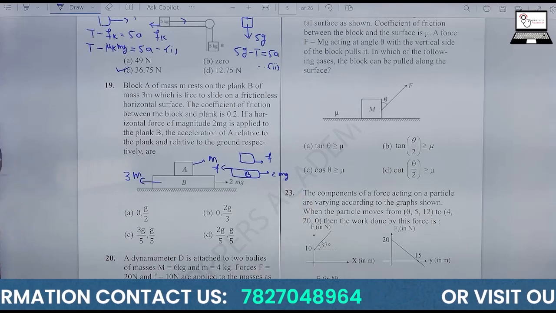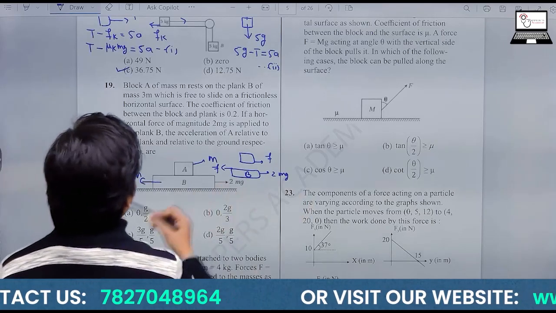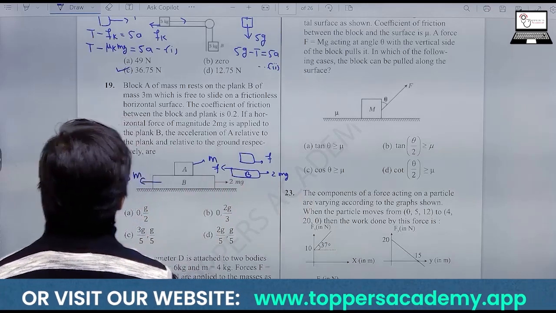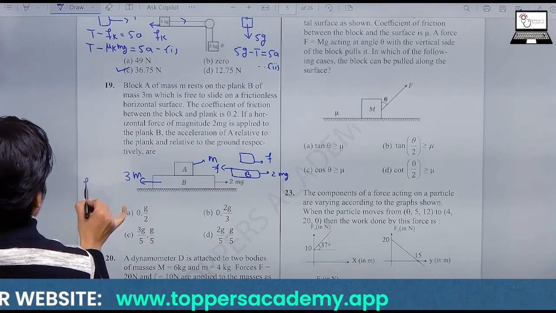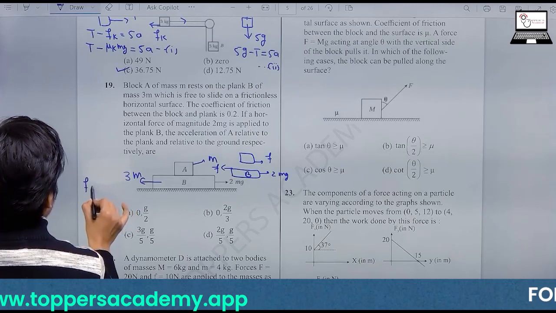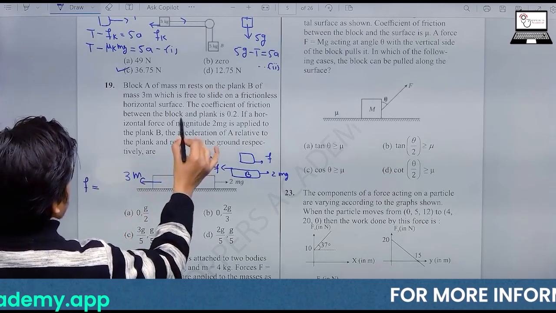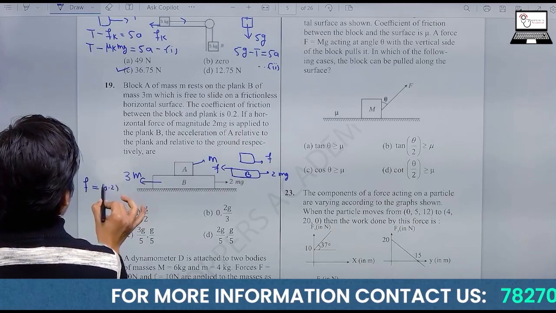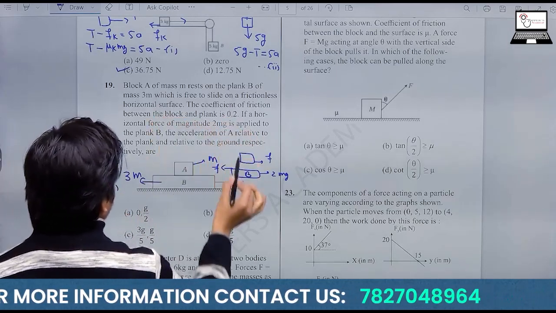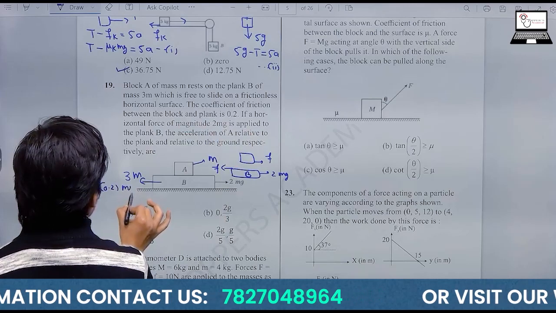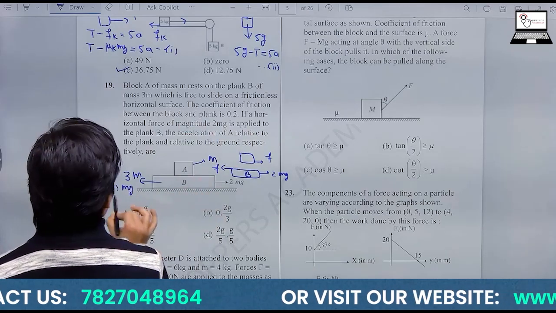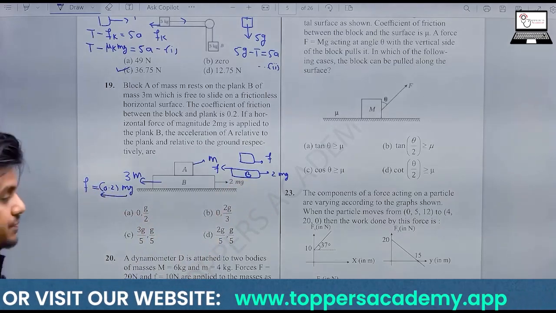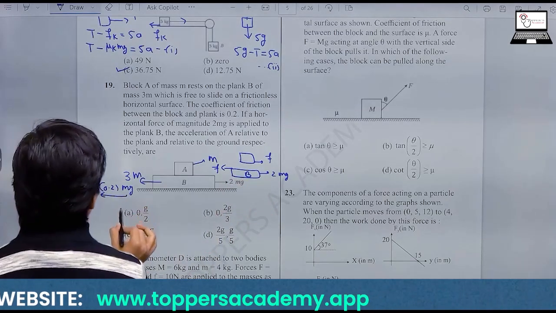Now what is the maximum value of friction? The maximum value of this frictional force acting on A can be the coefficient of friction, 0.2, into m into g.